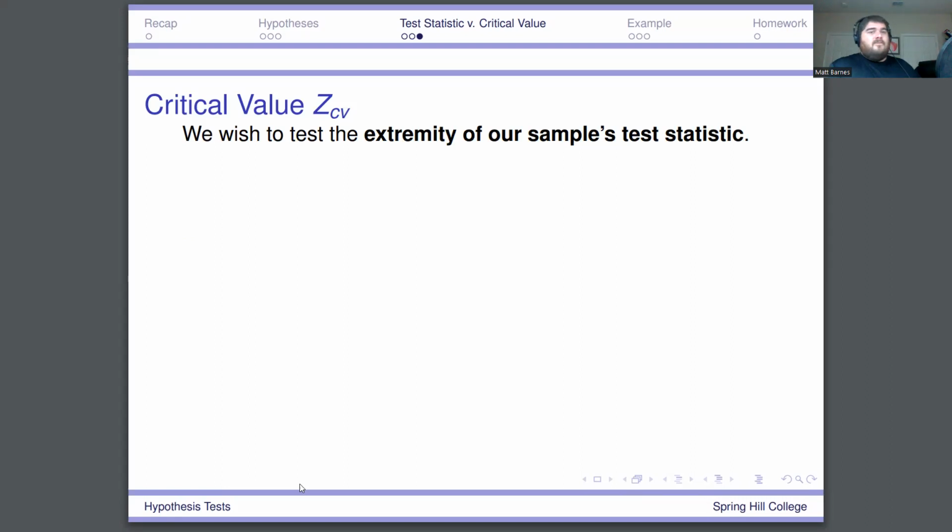Now, of course, we can get our Z star, but that's just a number, right? What exactly is that telling us? Well, we can use that to figure out how extreme our sample is. And by extreme, I don't mean like our sample is doing some rad skateboard moves. I mean, how weird is it that we would get this sample? How far outside of what we expect is it?